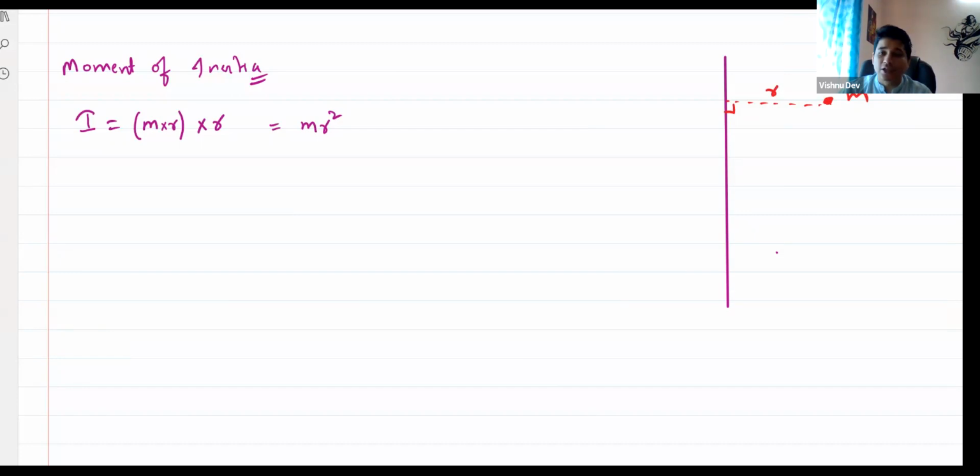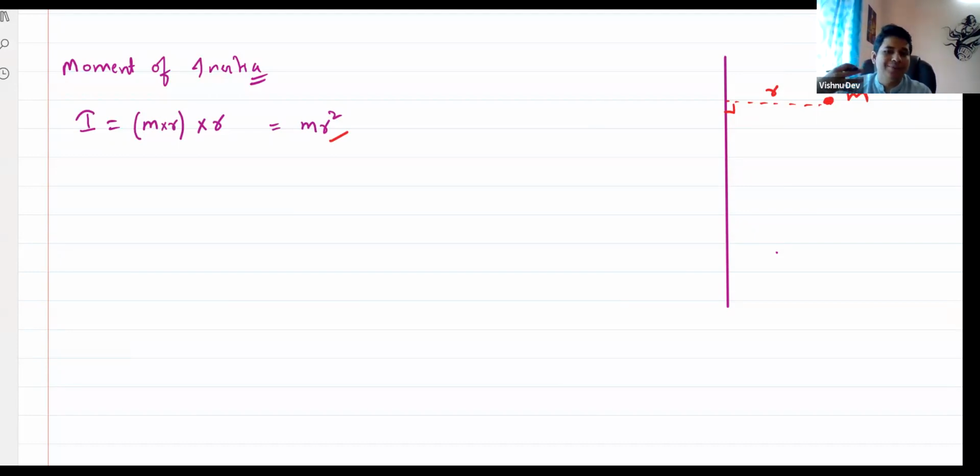Then the moment of inertia of this mass m along this axis is given by mr squared. Is everything clear? Is it mathematically clear?